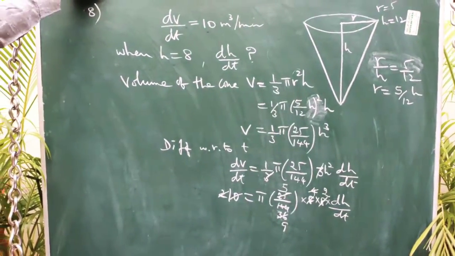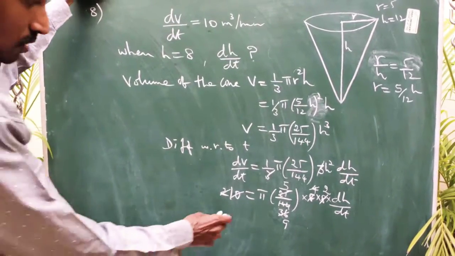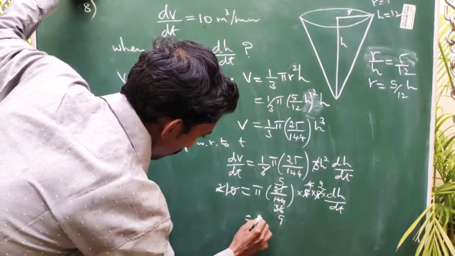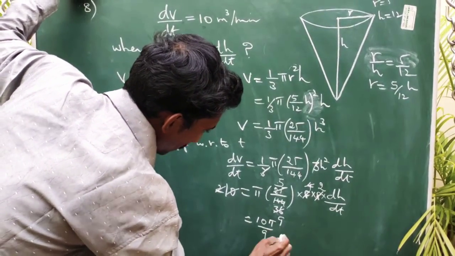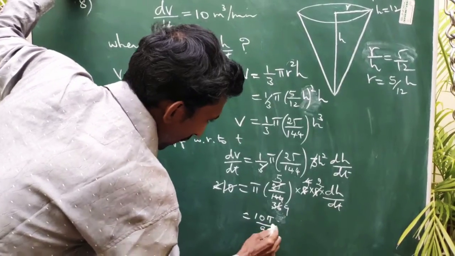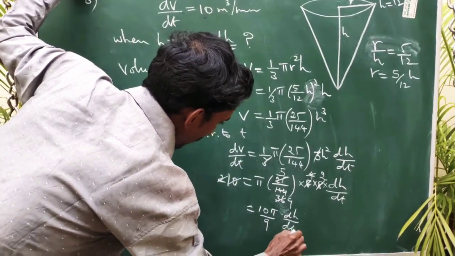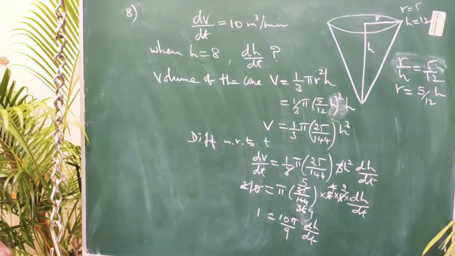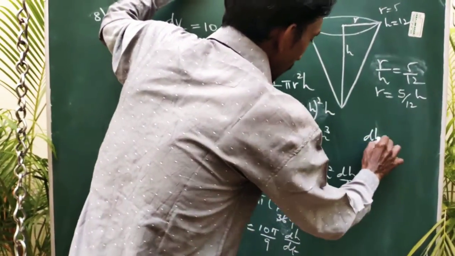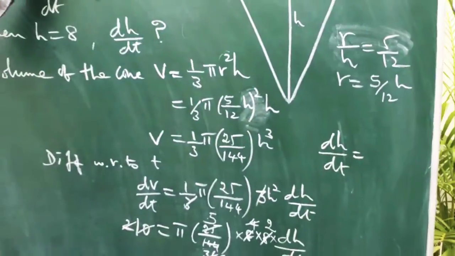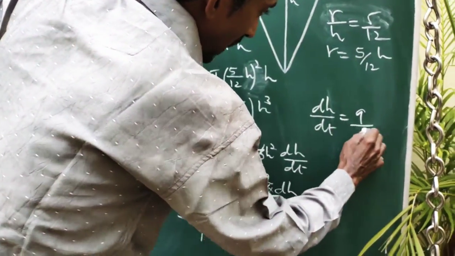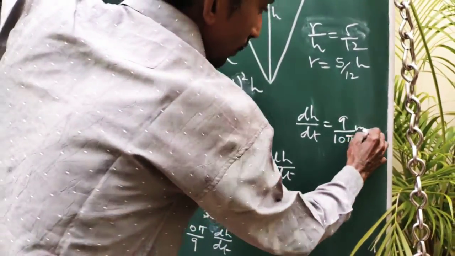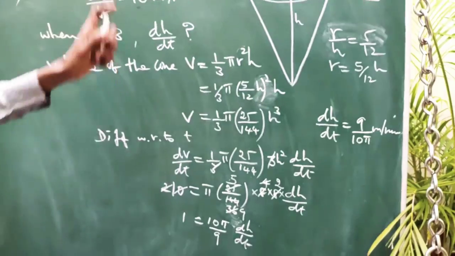Now what is remaining? 5 into 2 is 10, so 10 pi by 9. 10 pi by 9 dh by dt equals 1. We need only dh by dt, so just cross multiply. So dh by dt equals 9 by 10 pi. What is the unit? Meter per minute.